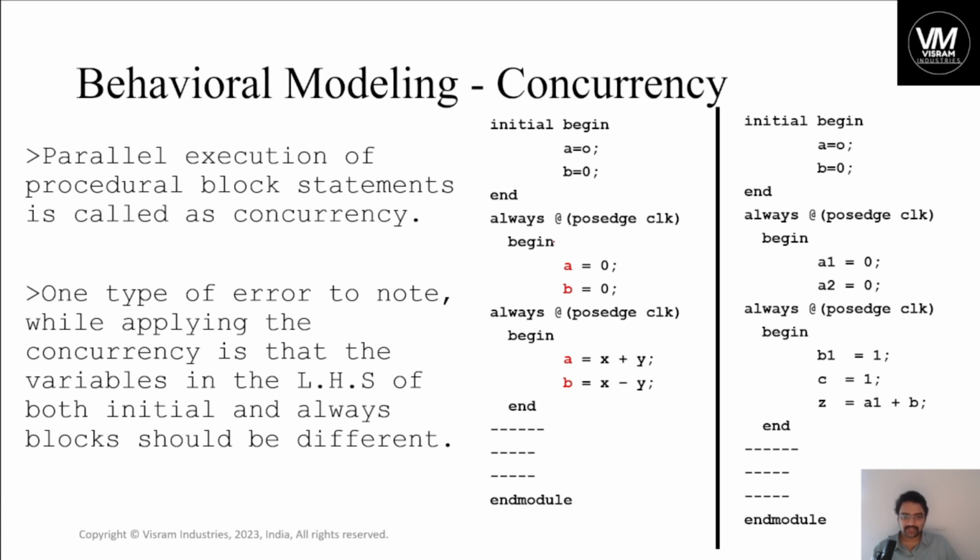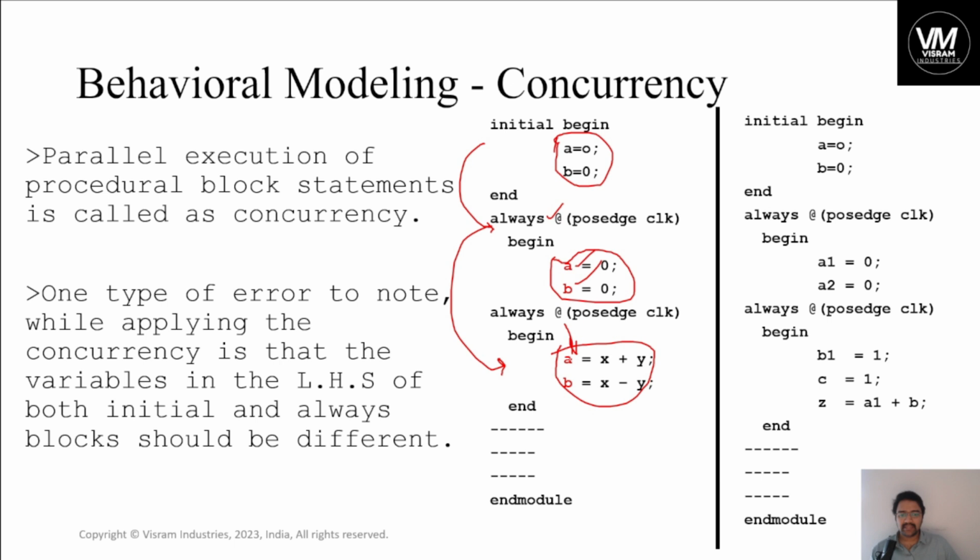The syntax mistake you shouldn't make is this: whatever variables you use in one always block shouldn't be used in the second always block. If you use them in the initial block and in the always block, fine. But if you use the same variables, same names in the second always block, Verilog HDL will get confused. It will be executed in sequence, and when it comes to this point, it will give an error.